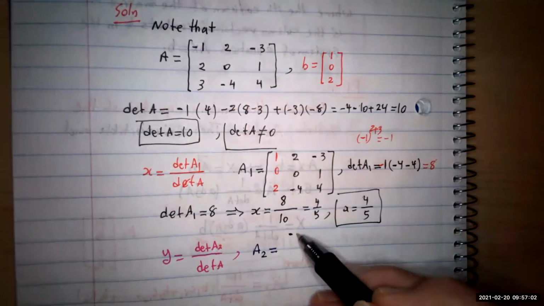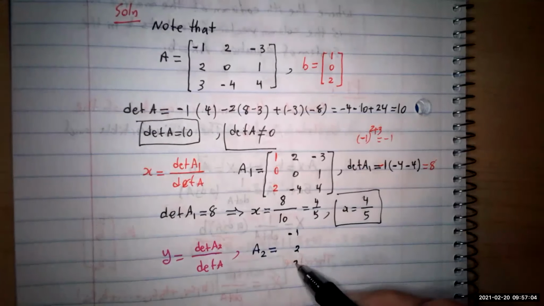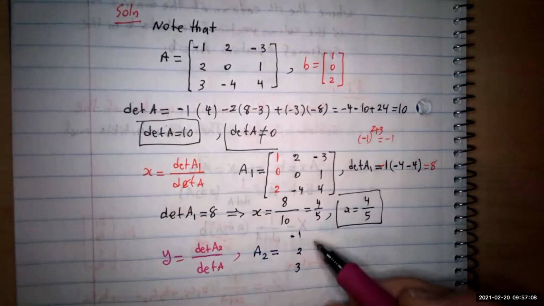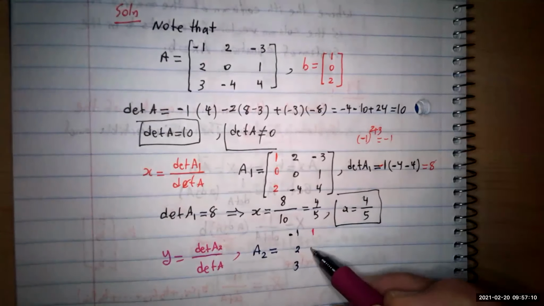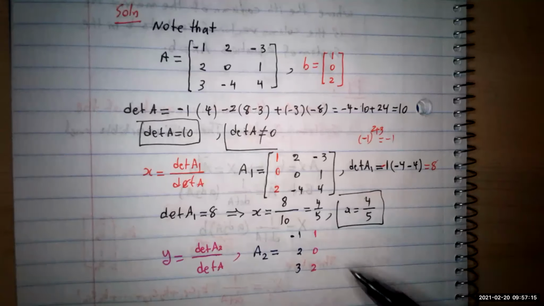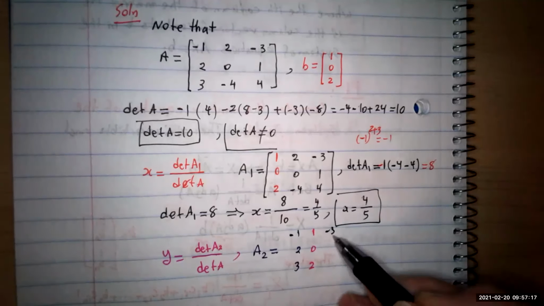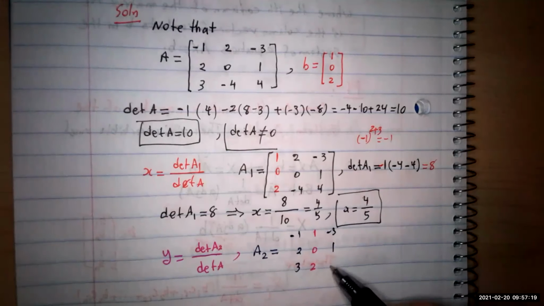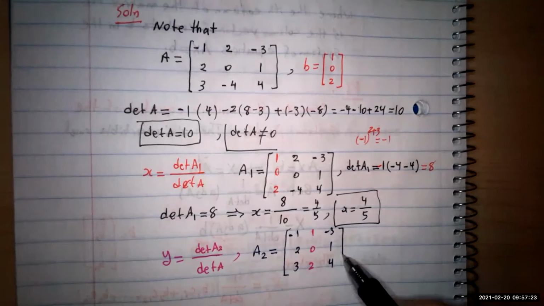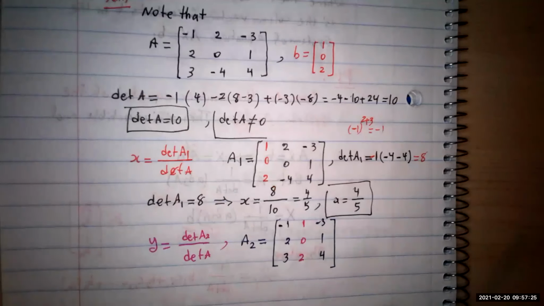So that gives you -1, 2, and 3. The second column, you're going to switch into the B again. So that would be 1, 0, 2. And the third column is going to be unchanged. So that gives you -3, 1, and 4. So this is going to be the matrix A2.